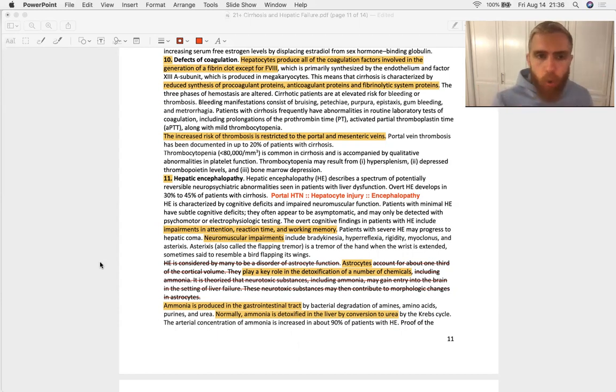So a whole lot of questions can stem from this premise that your liver's not working. Okay, tough luck. You're going to bleed everywhere now. And on the skin, we know that bruising and petechiae indicate broken blood vessels and bleeding into interstitial tissue. Purpura is sort of a red polka dot rash.